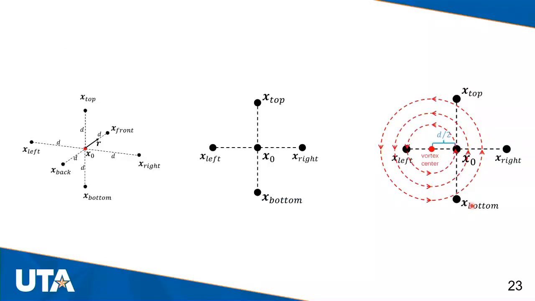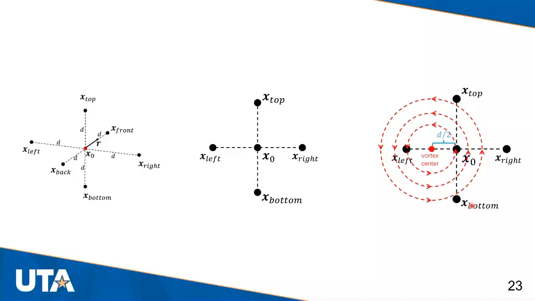So if we have a point x0, we want to determine if x0 is located at the vortex center. We first find its vortex direction, and then we find four points in the plane perpendicular to the vortex direction. This is the figure in that plane. If the middle point is greater than or equal to all four points, then we think this point is located at the vortex center.